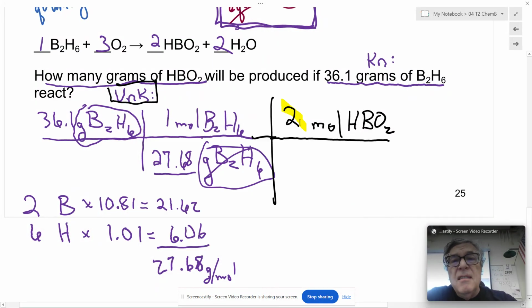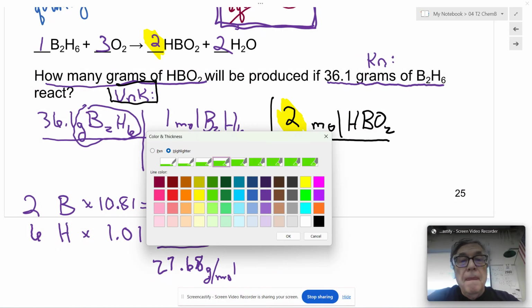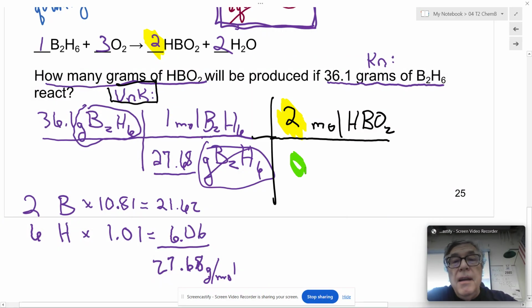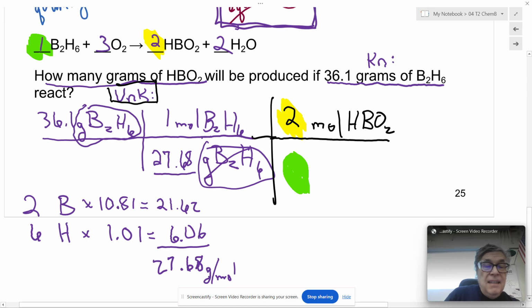So this number right here comes from this coefficient in the balanced chemical equation. And the number here comes from the coefficient in the balanced chemical equation for B2H6. How do we know that?